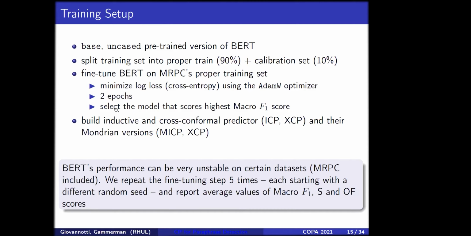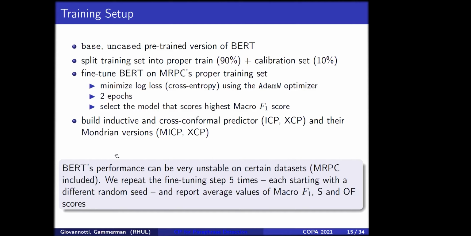And once we get a good model, we build inductive and cross-conformal predictors and their Mondrian versions. So we will be dealing with 4 predictors for each of the 2 nonconformity measures, so we'll have 8 models.